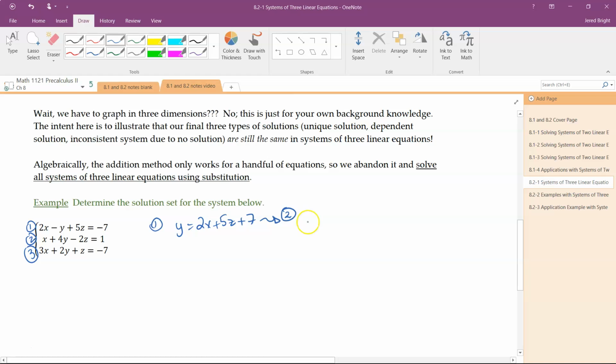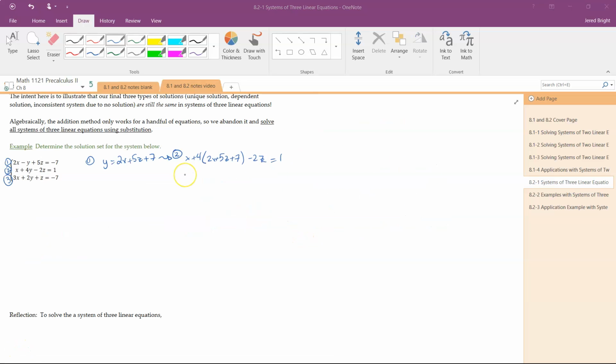Where I have x plus 4, and then instead of y I'm going to write 2x plus 5z plus 7, and then minus 2z is equal to 1. And so now simplifying, I get x plus 8x plus 20z plus 28 minus 2z is equal to 1.